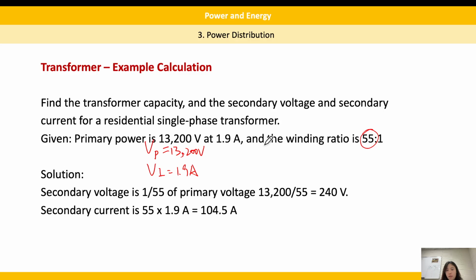So VP divided by 55 is VS. IP, not VI, IP is the primary current, divided by 55 is IS, the secondary current. There's a formula to calculate the secondary voltage and the secondary current.